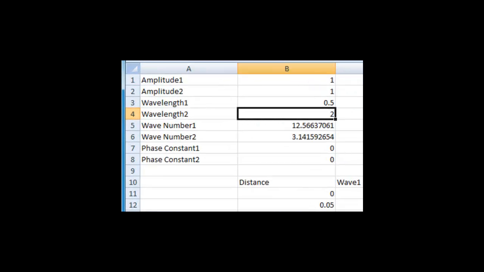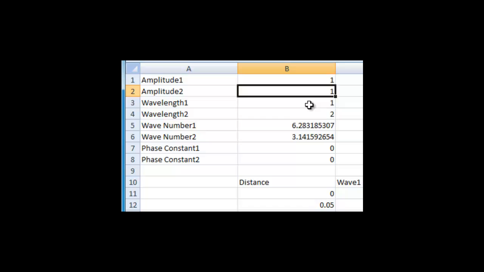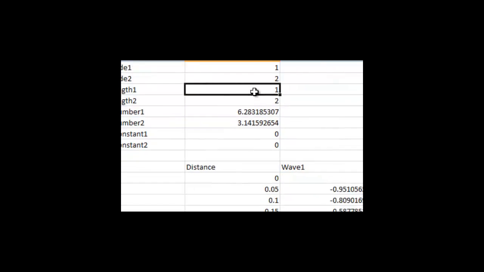Change the wavelength of wave 1 back to 1, and change the amplitude of wave 2 to 2. Can you predict what will happen to this superposition?